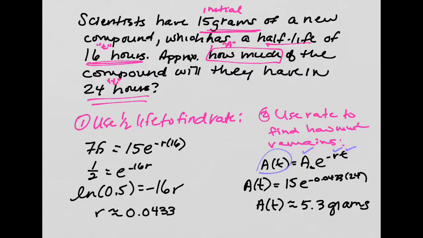So in 32 hours, we would have half of the 7.5, which is like 3.75. So it should make sense that we have somewhere between 3.75 and 7.5 grams left after 24 hours. So these questions should always make sense. You should be able to look at your answer and say, in the context of the problem, is it logical? And this one is.